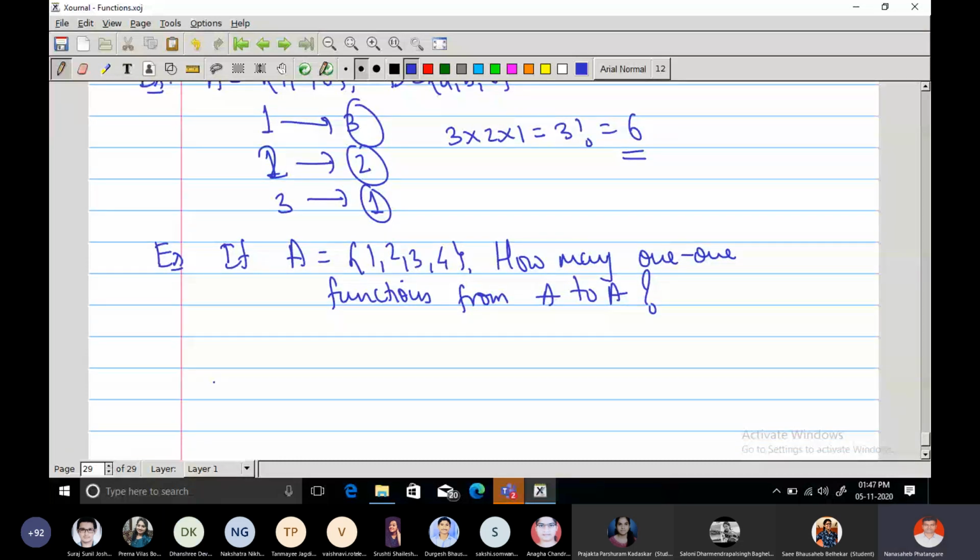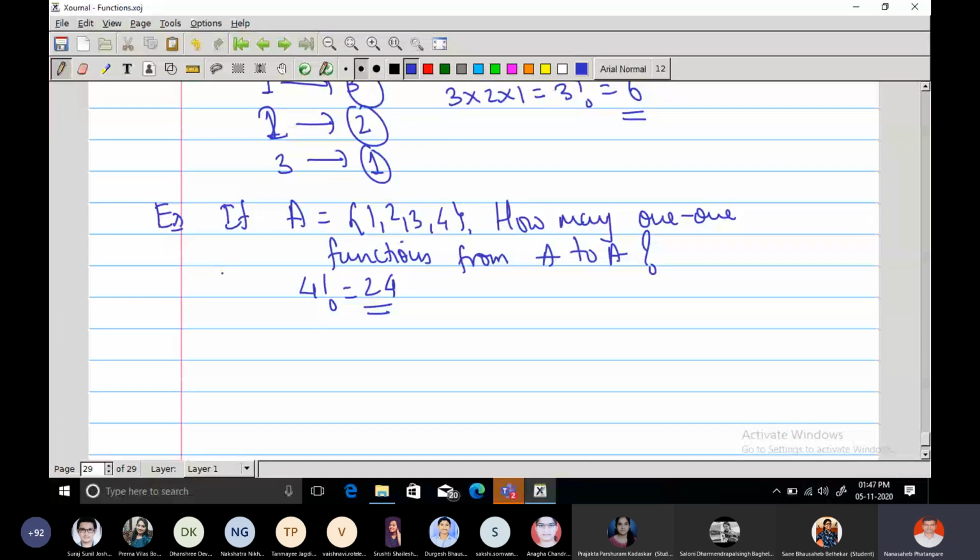Right, so 4 factorial, 24. Do you understand? 4 factorial, 24, because by the definition of 1-1 functions there are 24.